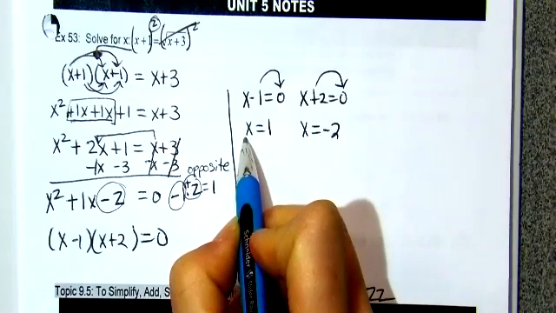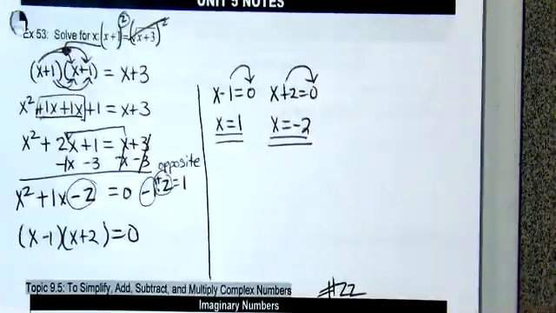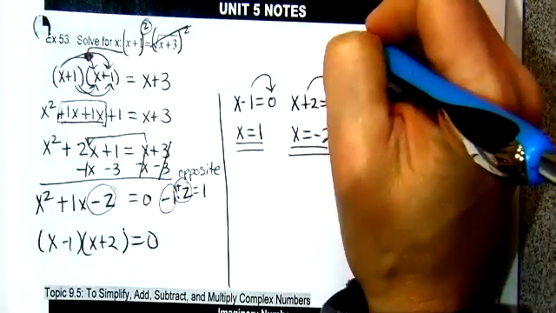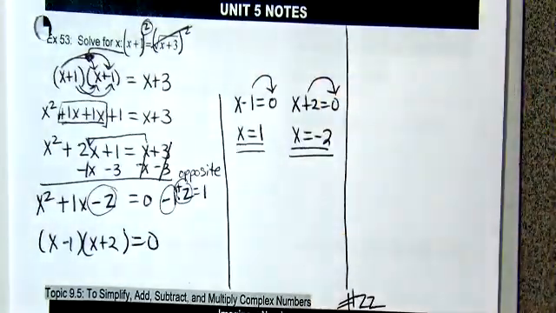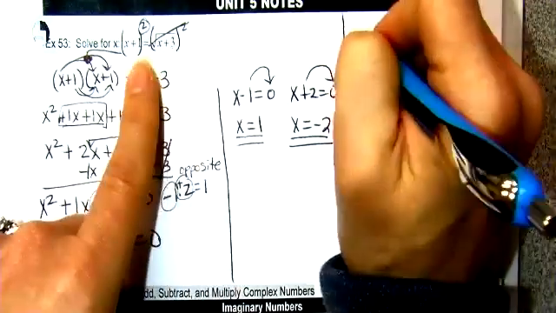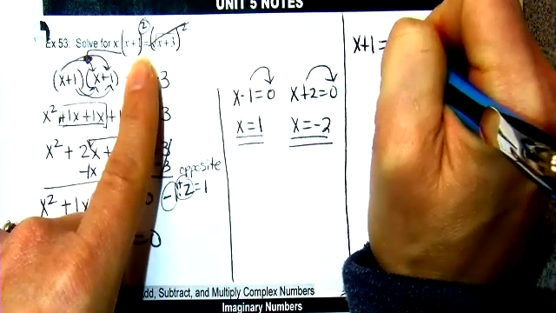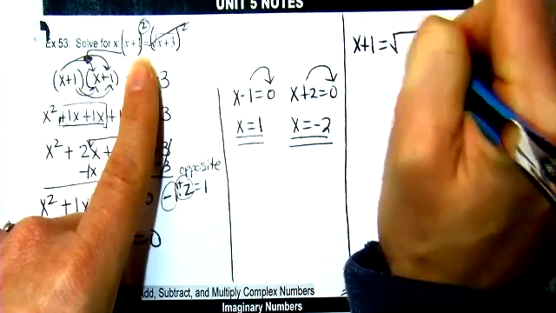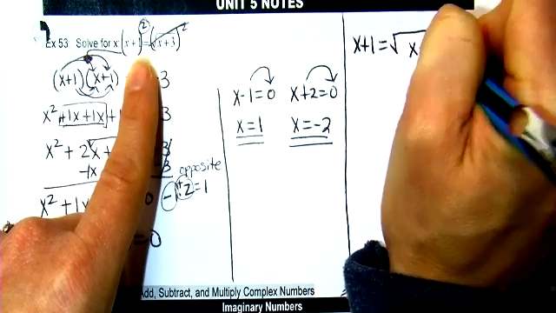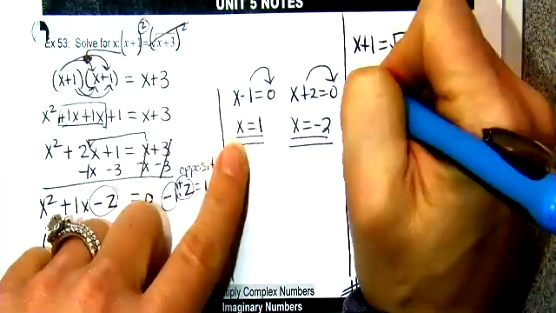So x could equal 1 and or negative 2, but it's possible that one or both don't even work, or it's possible they both work. But we have to plug it into that original given equation, and I'm just going to rewrite it since we have a lot of work written over there. I just rewrote it. We're going to plug those values in.